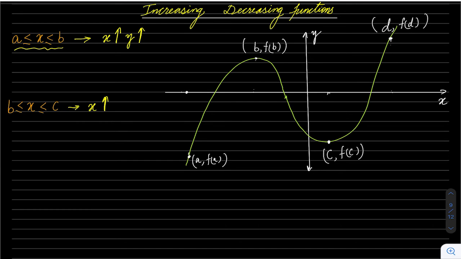Now, x is increasing, but my y is decreasing. And similarly, we can find from C to D that when we go from C to D, x is increasing, y is increasing.